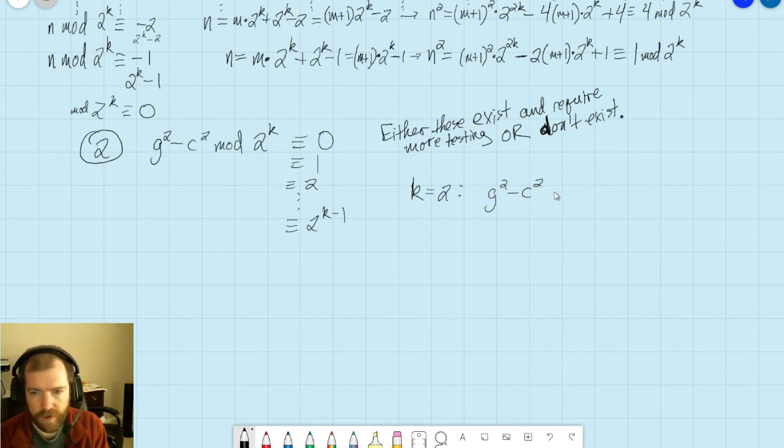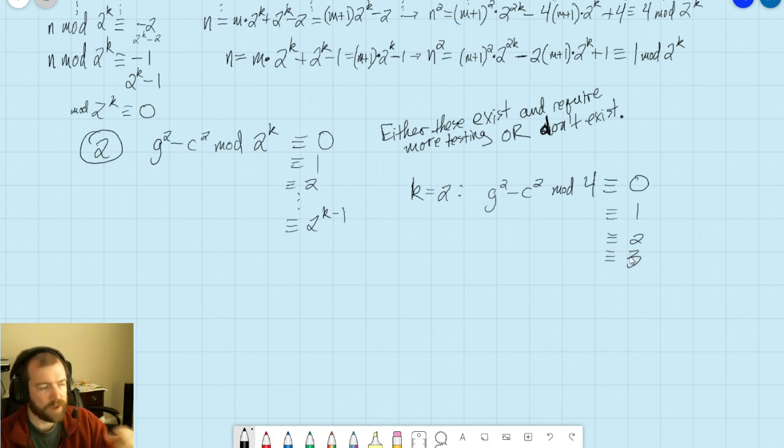G squared minus c squared mod 4 can either be equivalent to 0 or 1, and, right, we can show, and in fact I showed last week, but we'll do it again, that these will collapse into either 0 or 1, and that's it. Due to the fact that they are squares, they can only be either 0 or 1.